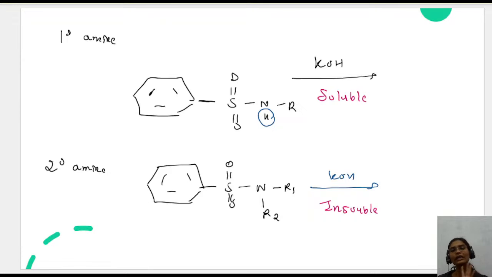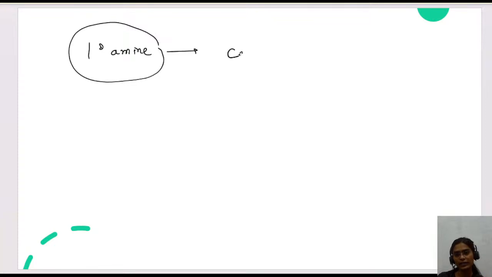Now let me quickly brief what the main point about the test was. So listen, my dear students, how does the question get framed: how to differentiate between primary, secondary, or tertiary amine. Point number one: if you want to distinguish between them, primary amine gives the carbylamine test positive.